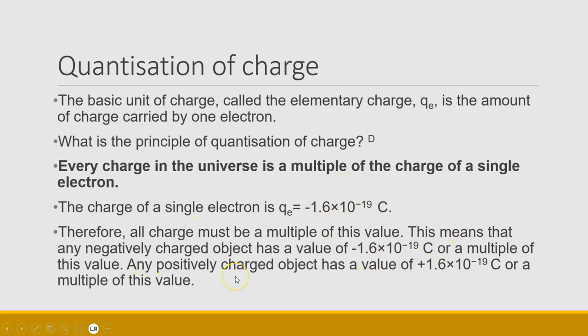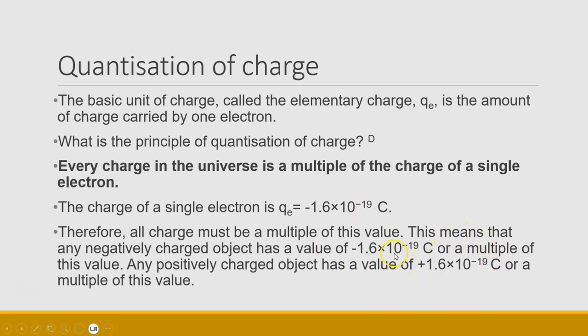Now, if an object is positively charged, then it would have a value of the same number, except that now it's a positive value, or a multiple of this value. So going back to our neutral sphere, which has got 1,000,000,000,000 electrons and 1,000,000,000,000 protons, making it neutral. If I now remove an electron from that sphere, it now becomes positively charged through one electron deficit.